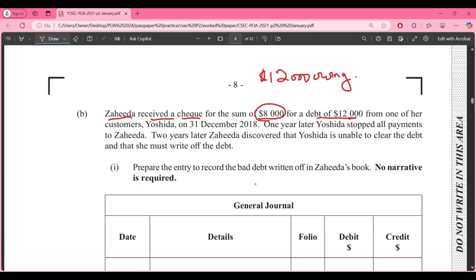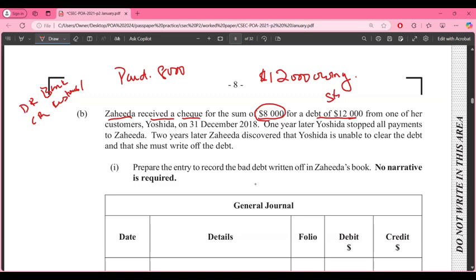So the debt outstanding was $12,000. And you received a check for 8, so you'll be debiting your bank account. You receive some money and you'll be reducing the debt that Zaida had. So you'll be debiting bank and crediting Zaida the customer's account with the $4,000.